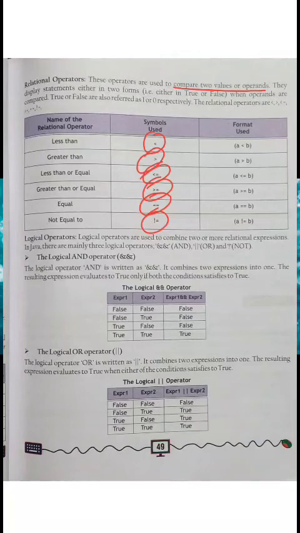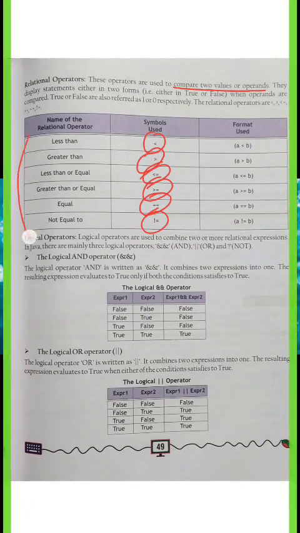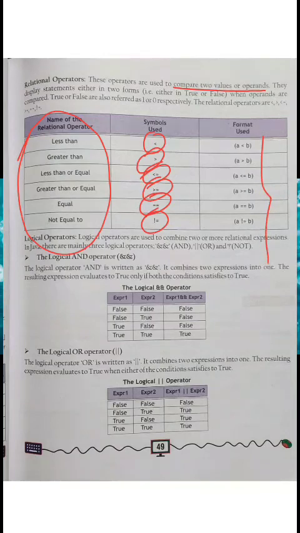These are the symbols which are used in computers also for comparison, and we use them through the relational operators. Now see the format which is given here: a less than b, a greater than b, a less than equal to b, a greater than equal to b, a equal to b, a not equal to b. These are called relational operators.